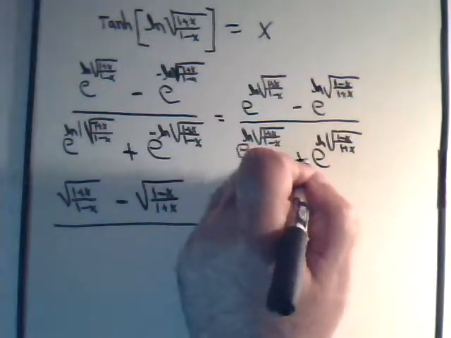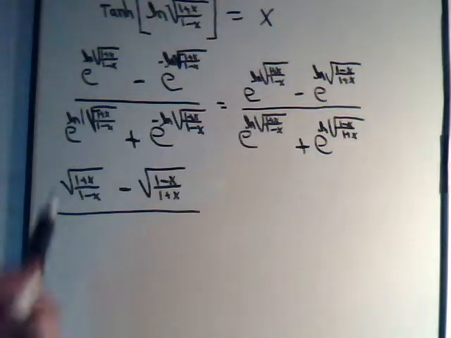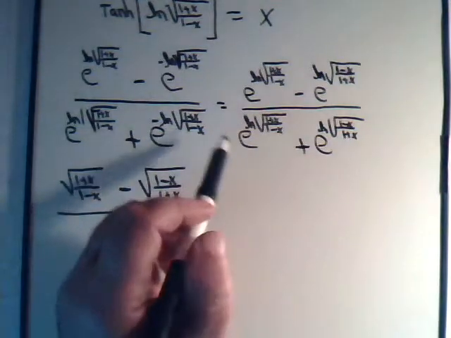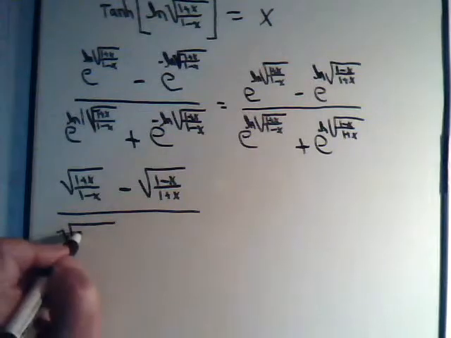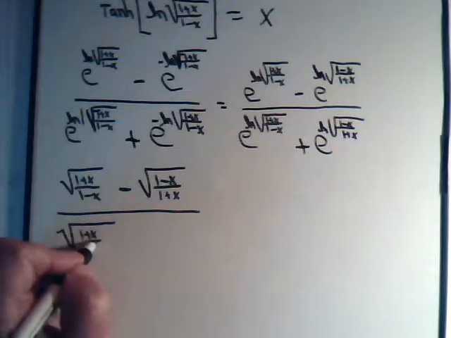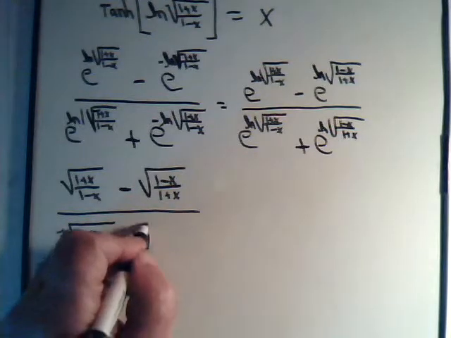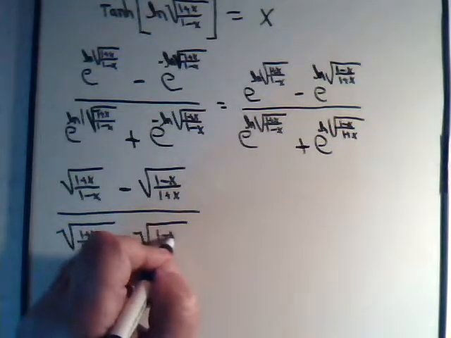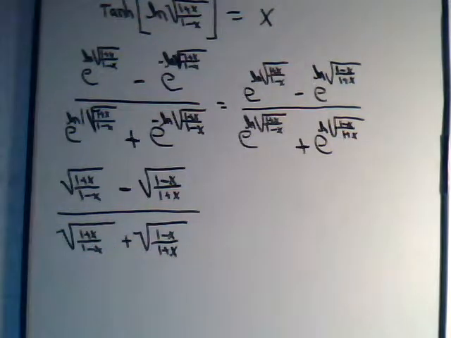And this is a plus sign down here, that doesn't change. Here then we have in this expression the square root of 1 plus x divided by 1 minus x plus the square root of 1 minus x divided by 1 plus x.